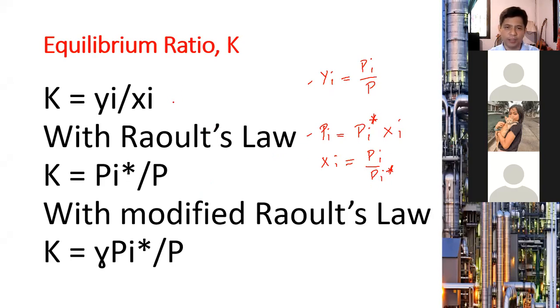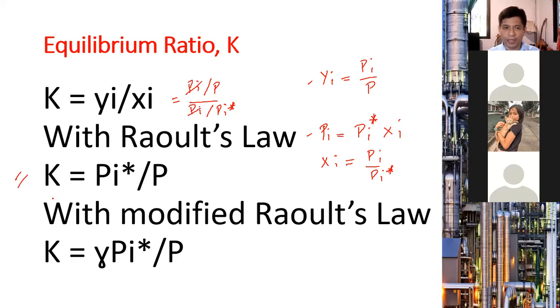So pag sinubstitute natin dyan, we'll have P sub i divided by P, di ba yung y sub i? Tapos yung x sub i naman is P sub i divided by P sub i star. So notice that P sub i will cancel out, so that you will have this equation. So ito yung gagamitin natin sa problem. Yung P sub i star divided by P.